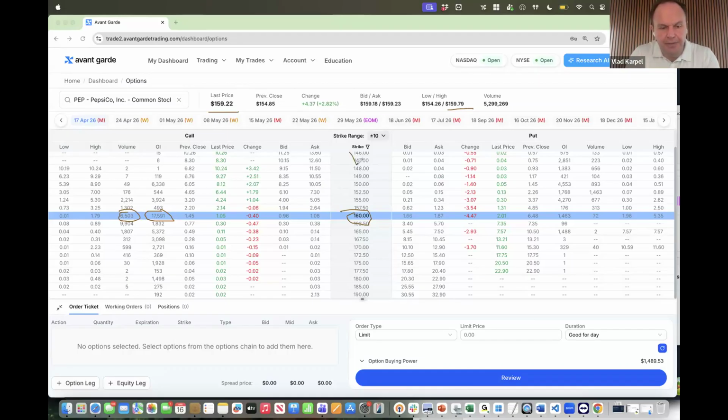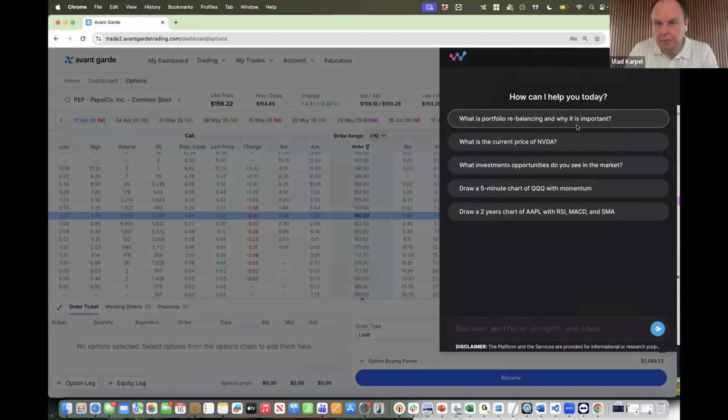And then I can go in and clear all my drawings and go to research AI, the proprietary AI that has been trained on the options data and on broker-dealer information to make sure it doesn't hallucinate and gives you the right answers.